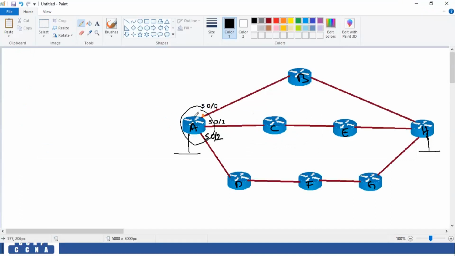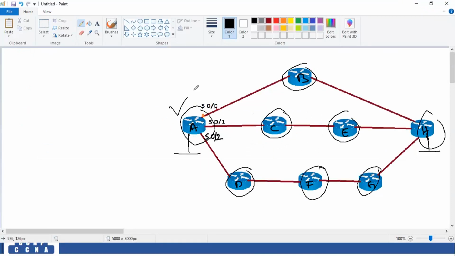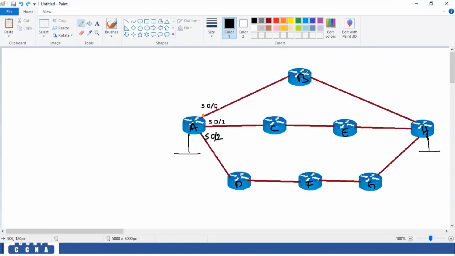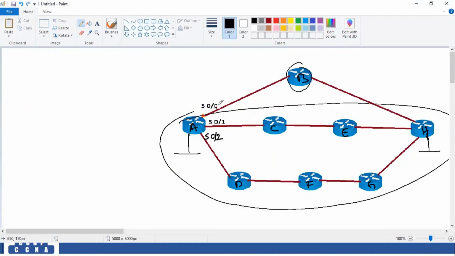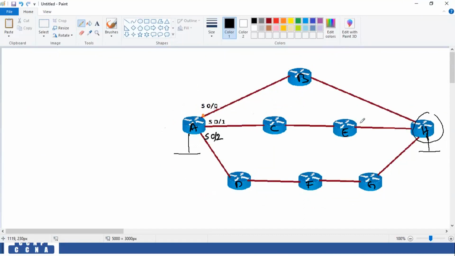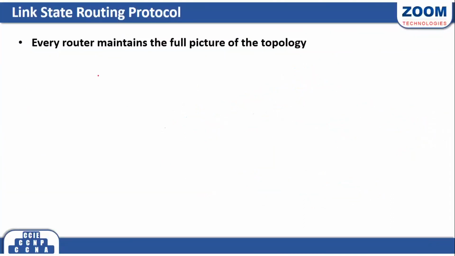Router A should maintain B's network information, C's, D's, E, F, G, H. A should maintain the full picture of the topology. Similarly, B also should maintain the networks of all the remaining routers, like H router also, E router also. That is the point: every router maintains a full picture of the topology.